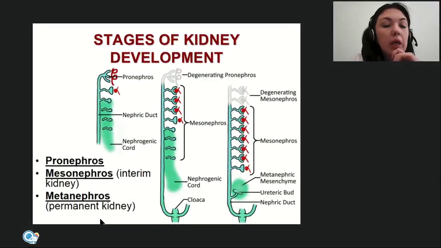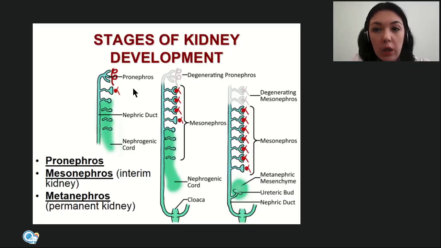In kidney development, 3 stages are distinguished, and all of these stages pass during embryogenesis, during intrauterine development. The first stage is pronephros or primary kidney, then mesonephros or interim kidney, and metanephros or permanent kidney.